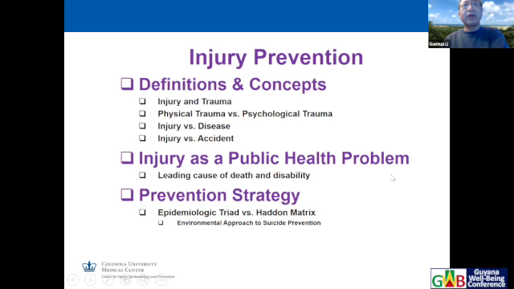Basically, I'm going to introduce some basic definitions and concepts, most basic ones in the field of injury prevention and epidemiology, and briefly talk about the issue of injury as a public health problem, and then I'll maybe discuss the prevention strategy, because in the field of injury epidemiology and prevention, we tend to focus on prevention.